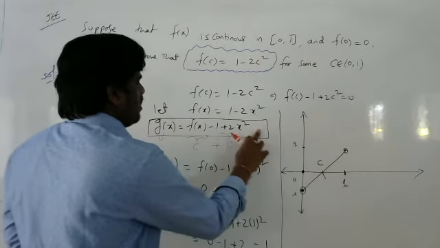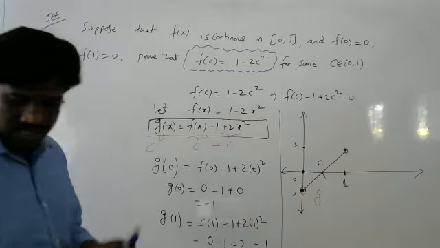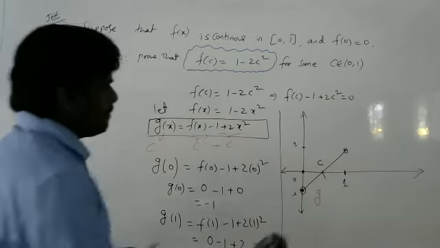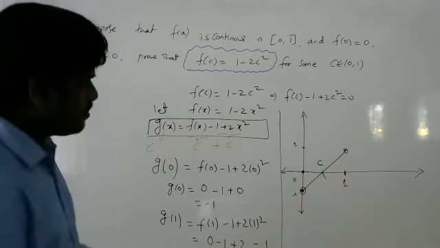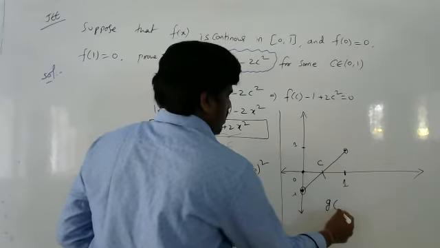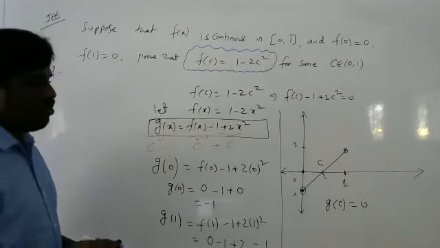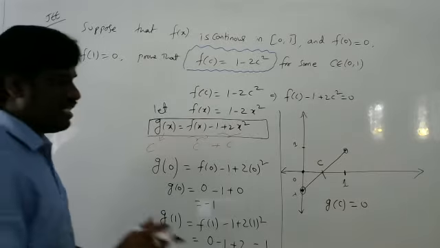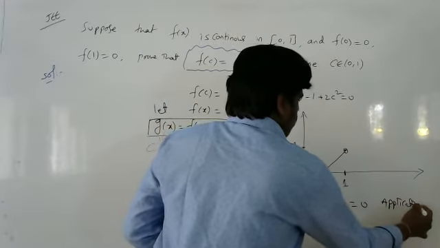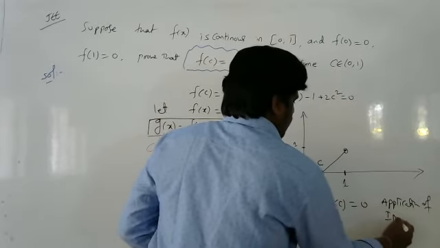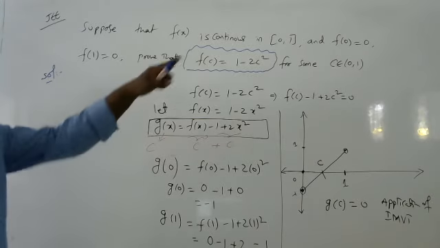Now g of c will be 0, for some c, by the application of the IMVT theorem, because one is positive and one is negative.